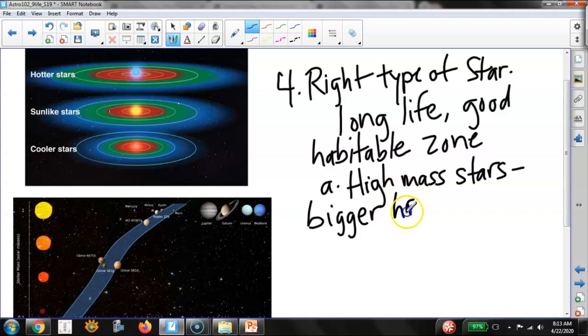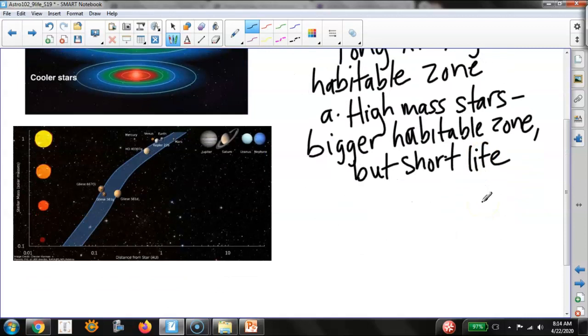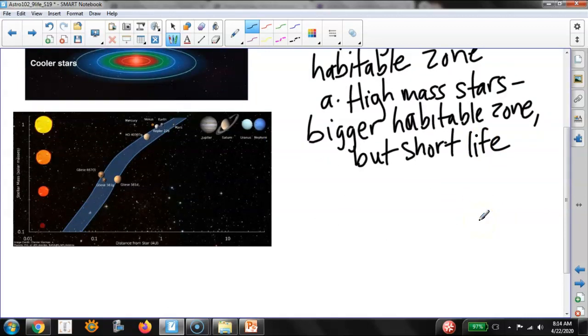So you have a bigger habitable zone. But if you remember, these guys do not live very long. So that is not good for life. Even if life were to develop, then the star goes supernova, done. Sorry. But probably not even enough time for life to develop based on what we understand on Earth.